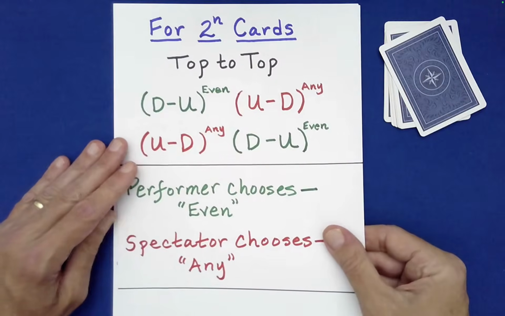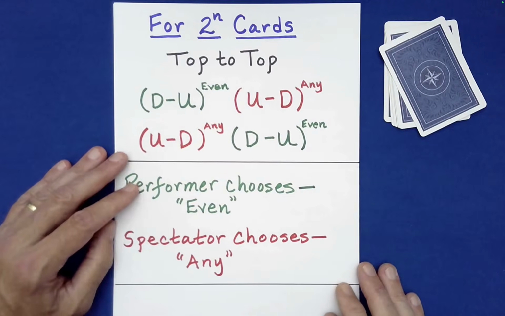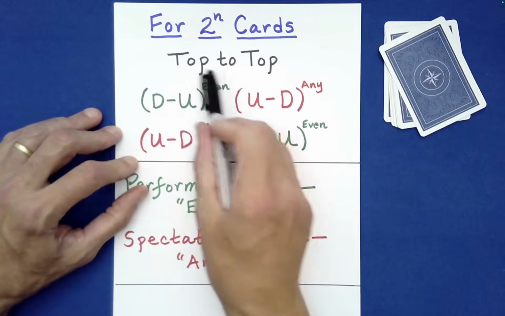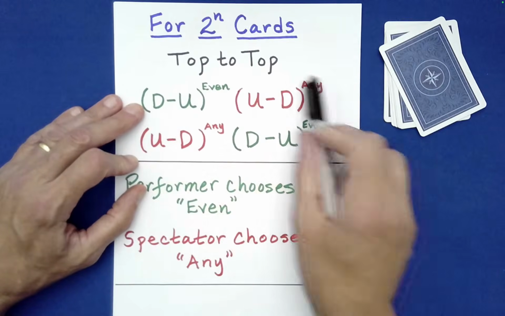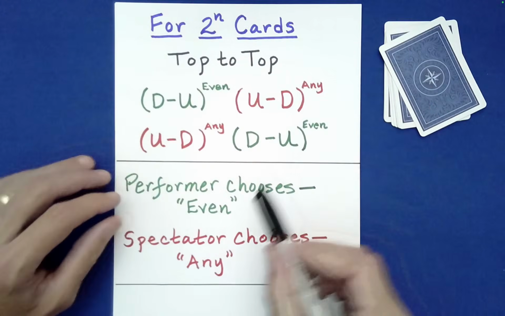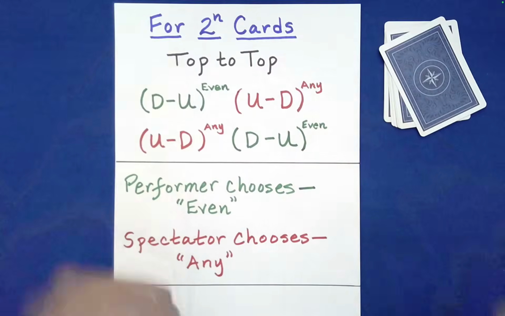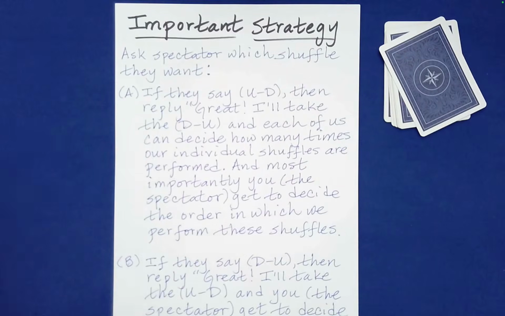Now that seems like it's giving them choices that make a difference, but they don't, as I just mentioned here. It doesn't matter if we perform the down-under followed by the under-down, you know, the right number of times, or the under-down followed by the down-under. Top card is a fixed point. It doesn't go anywhere. Okay, so that supposed choice is really no choice at all.